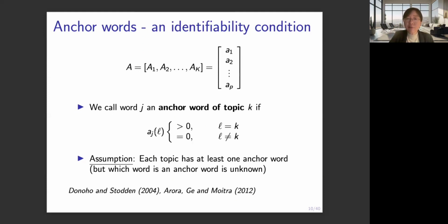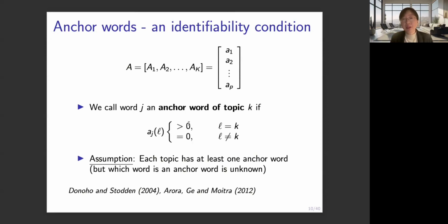If a word has a non-zero entry in one and only one topic, then this word is called an anchor word of this topic. It means only when this topic is discussed can we see this word appearing.